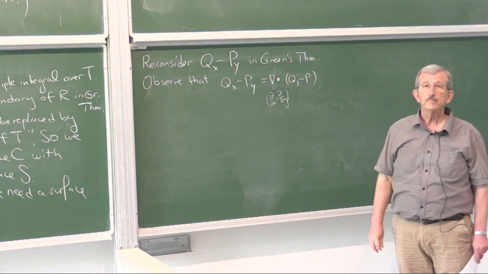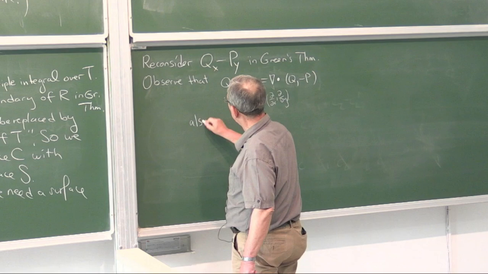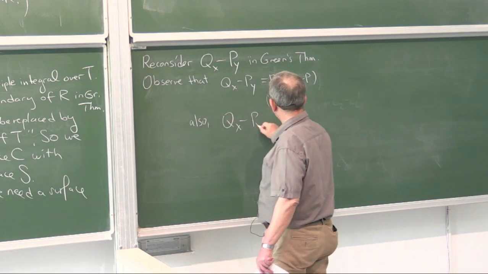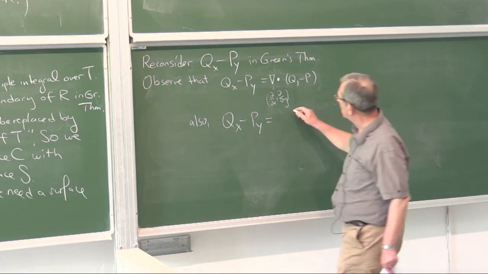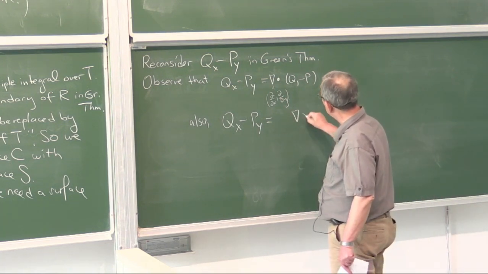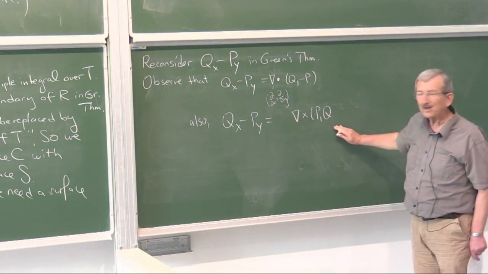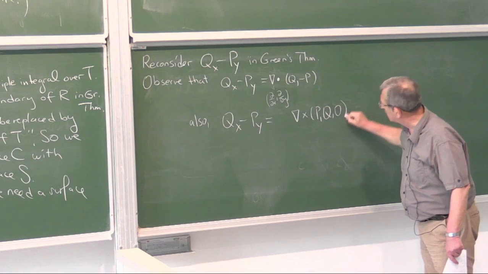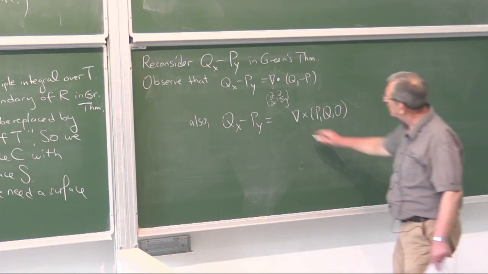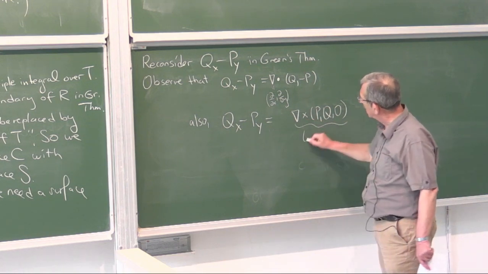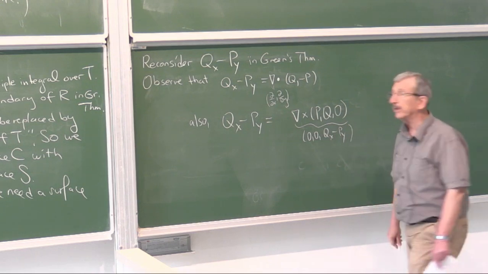But at the same time, Q sub x minus P sub y can be regarded as del cross PQ. Well, in cross products, we know we need to add a third component, 0, if we have only 2. But this is precisely 0, 0, Q sub x minus P sub y, if you calculate that.